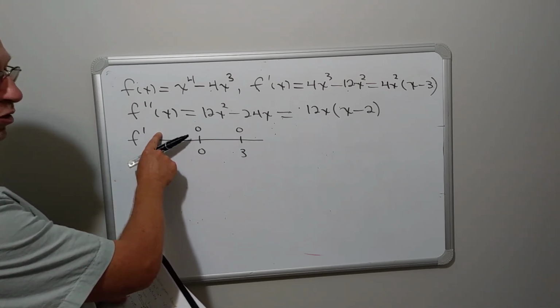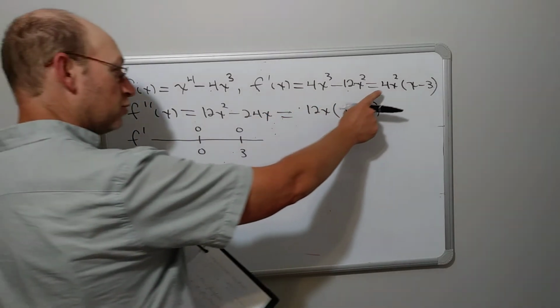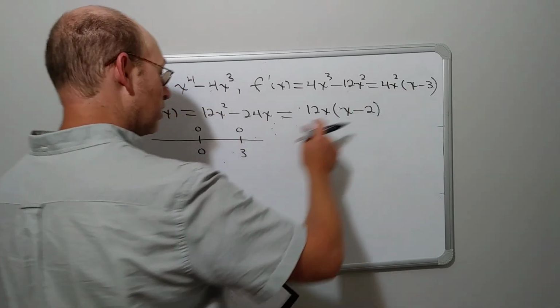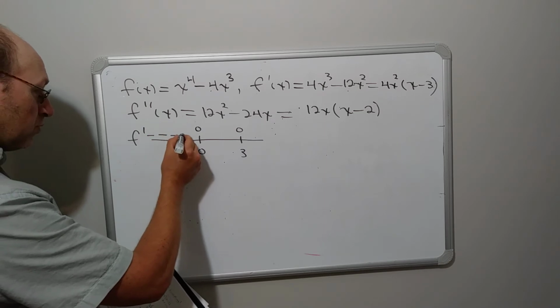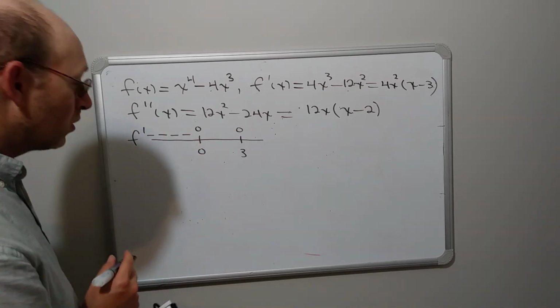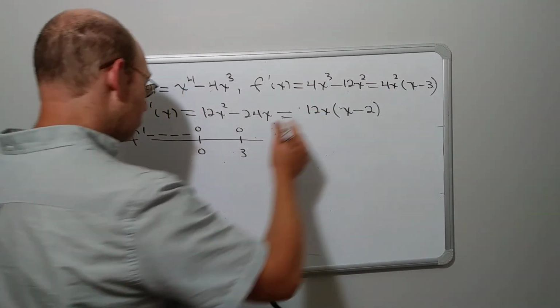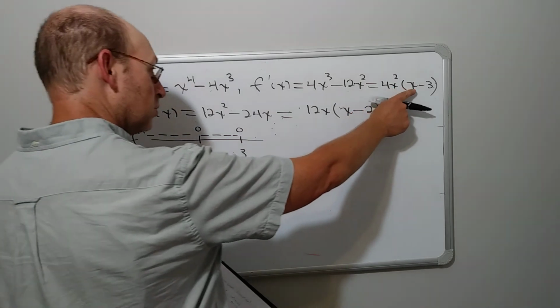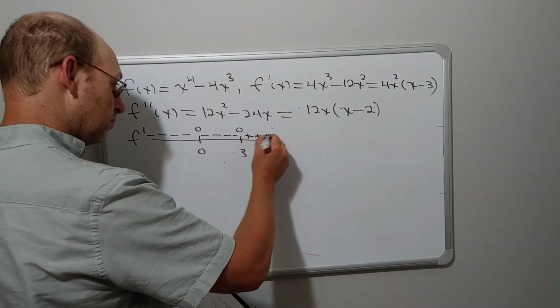Try a negative number like negative 3. Negative 3 squared is positive. Negative 3 minus 3 is negative. Positive times a negative is negative. Let's try the number 1. Positive, negative, still negative. 4, positive, positive, so we're positive.